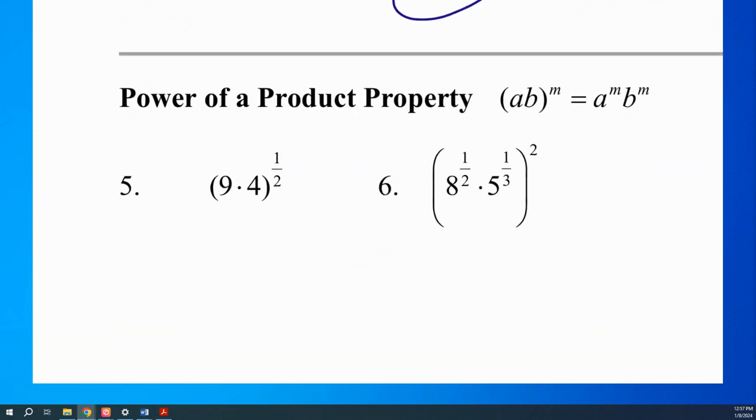Alrighty. Additionally, we can do the power of a product property. So that just basically means we can take this exponent and we can give it to each of those little pieces. So like in this first one, we can distribute this 1/2 to both the 9 and the 4. So we can say 9 to the 1/2 times 4 to the 1/2.